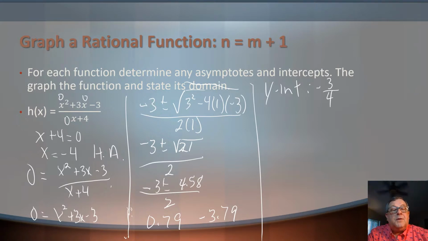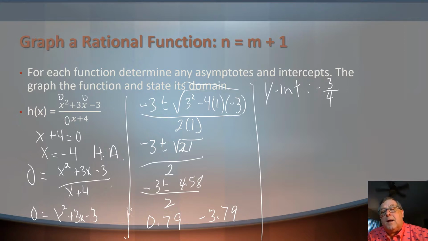Now I come to a little bit of the hard part, and that is finding the slant asymptote. I'm going to have to use long division. I guess I probably could use synthetic division, but it's probably just as easy to use long. I'm going to divide x squared plus 3x minus 3 by x plus 4, and we're going to ignore the remainder.